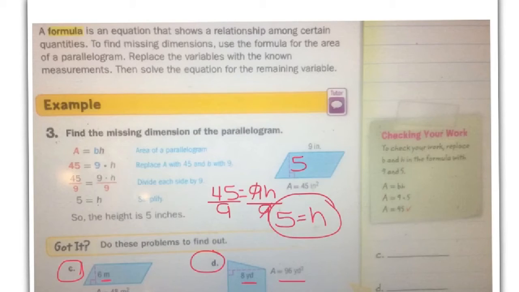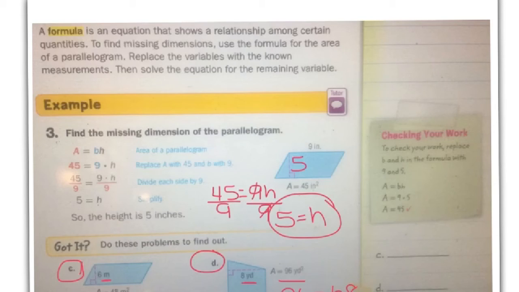So area equals 6, sorry, I didn't mean to write A because we know the area. 48 equals 6 times B, base times height, right? And then this one, 96, equals the base times the height, which is 8, or 8B, same thing as 8B.